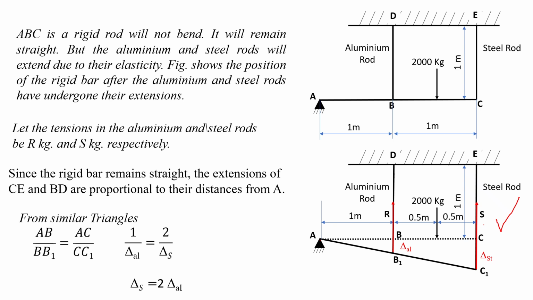Similarly AC is given as 2 meters, divided by CC1, the deformation in the steel rod, delta S. So AB equals 1, BB1 equals delta AL, AC equals 2 and CC1 equals delta S. From the similar triangles we can write 1 by delta AL equals 2 divided by delta S. So delta S equals 2 into delta AL.